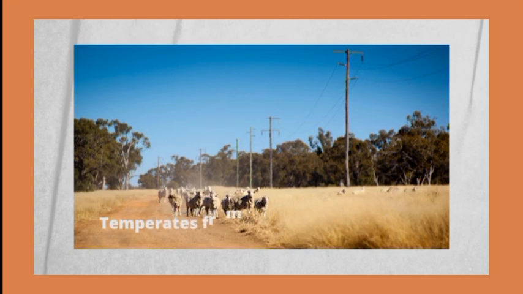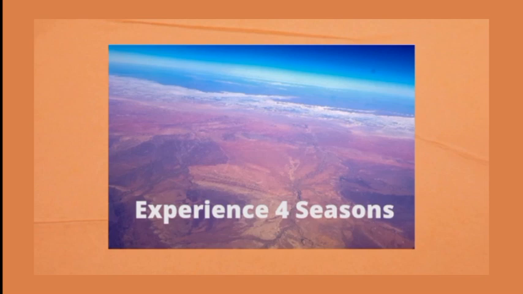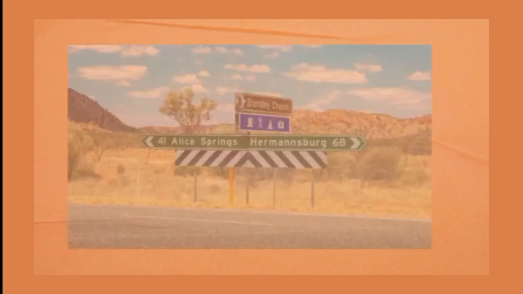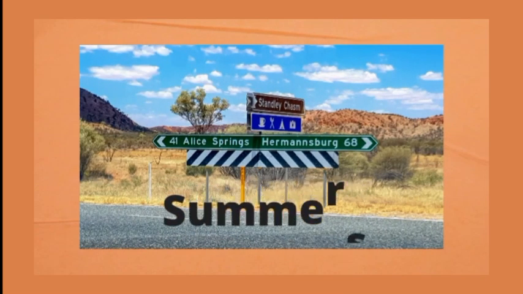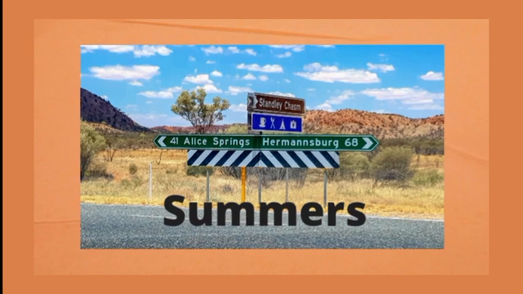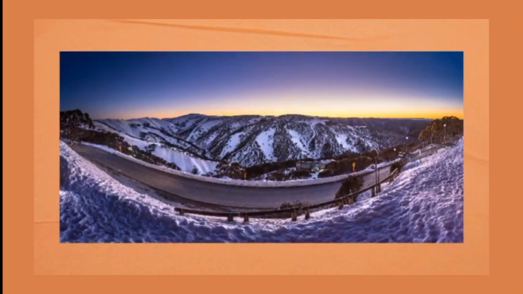Temperatures are 26 degrees in summer and less than 10 in winter. Then, like other temperate regions, it has 4 seasons. Rainfall is mostly in summer, while in winter there is coolness.